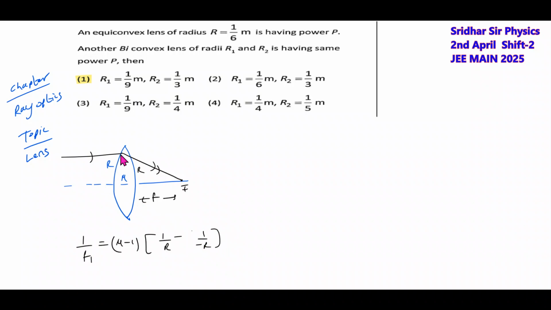Why negative sign? Because this radius will be positive, you are measuring in the direction of the incident ray. The radius of curvature of this you are measuring opposite to the incident ray. Therefore, this will be negative. So this will become 1 by f1 equal to mu minus 1 into 2 by r.